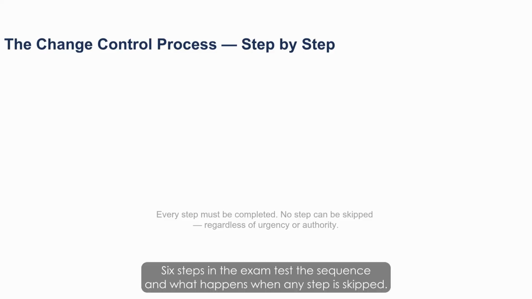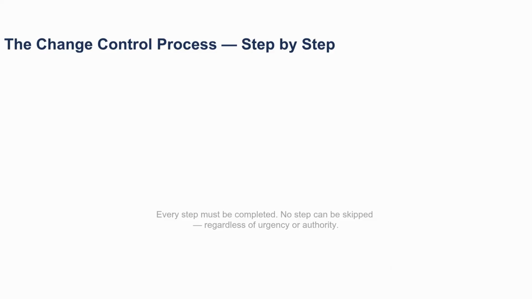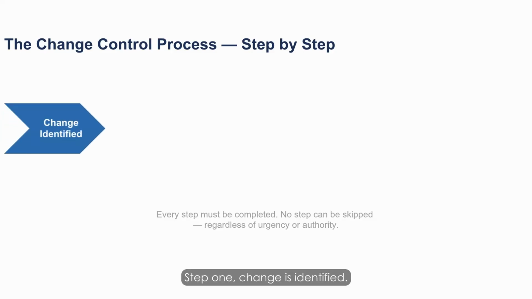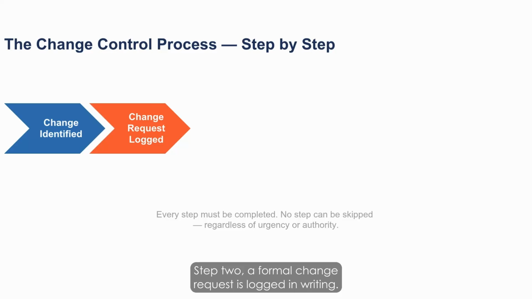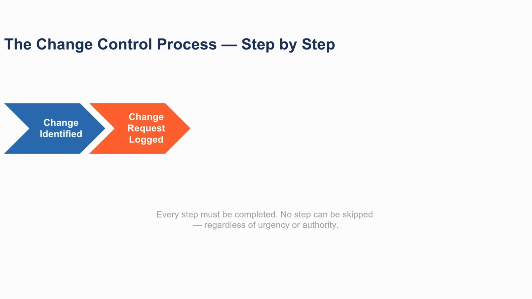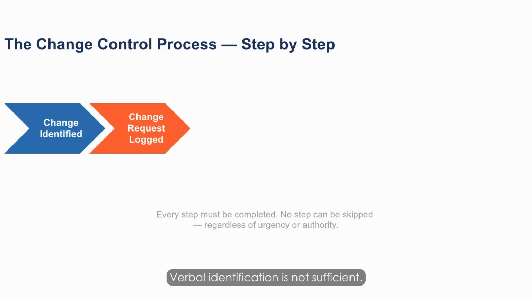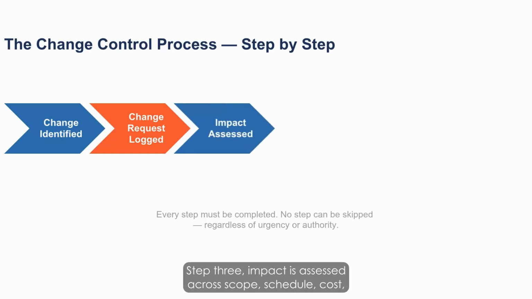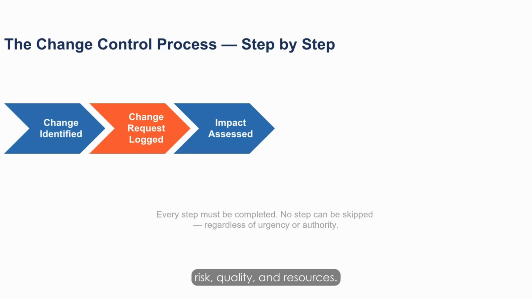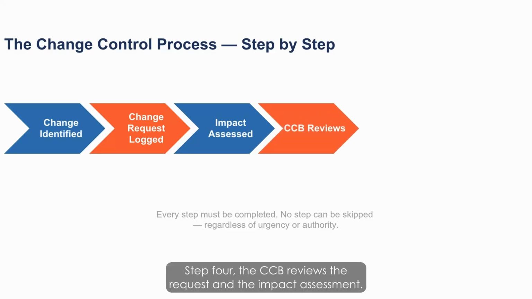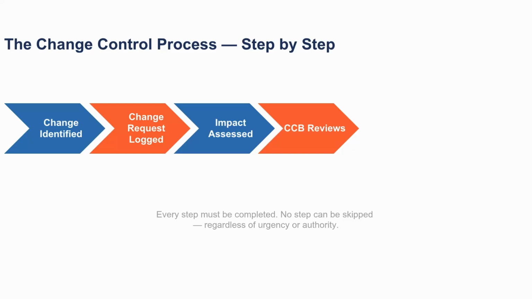6 steps, and the exam tests the sequence and what happens when any step is skipped. Step 1, change is identified. Step 2, a formal change request is logged in writing. Verbal identification is not sufficient. Step 3, impact is assessed across scope, schedule, cost, risk, quality, and resources. Step 4, the CCB reviews the request and the impact assessment.